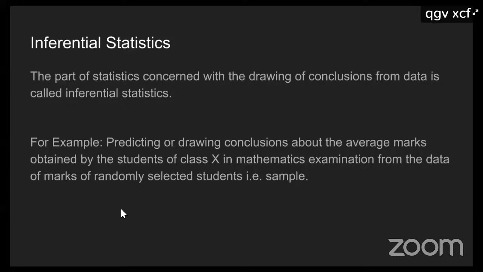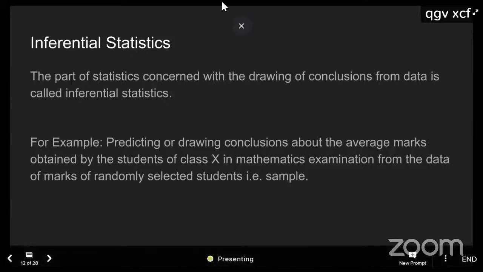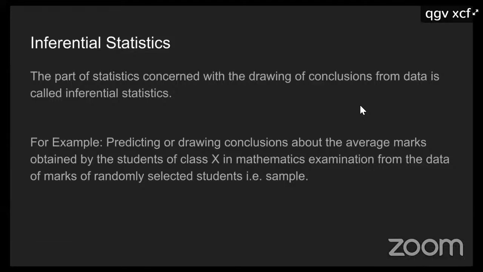Suppose in a school there are 40 students of class 10. Of those 40 students you randomly select any 5 students and calculate the average marks of those 5 students.